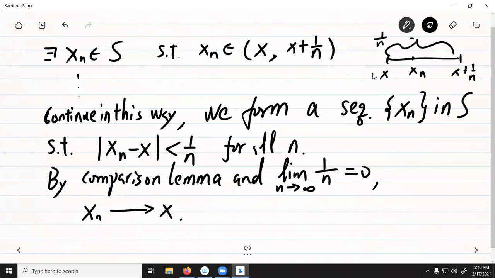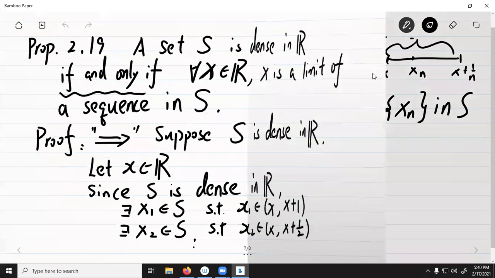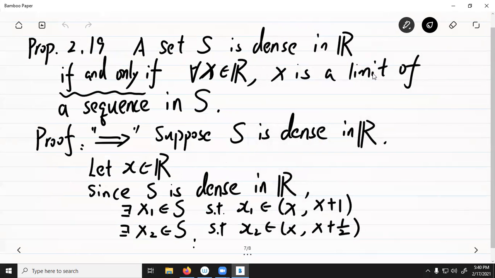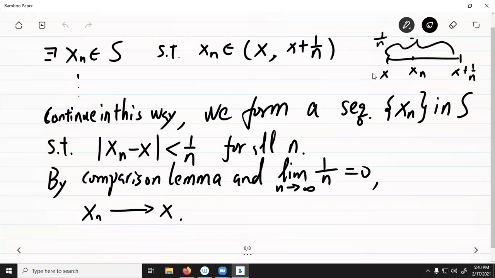So this is the first part. The first part says, suppose S is dense in R. For any x in R, we can find some sequence xn such that xn converges to x.